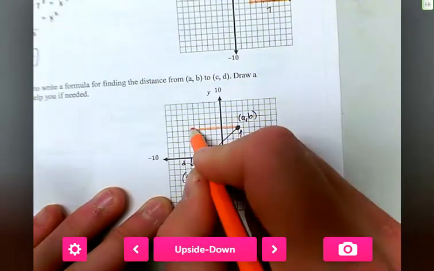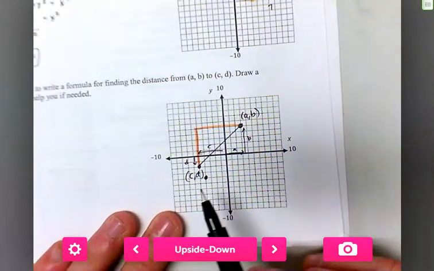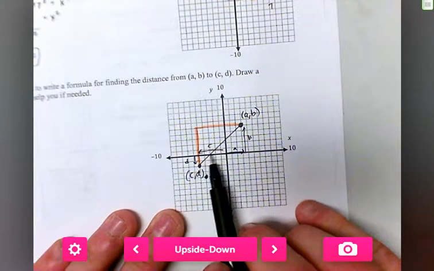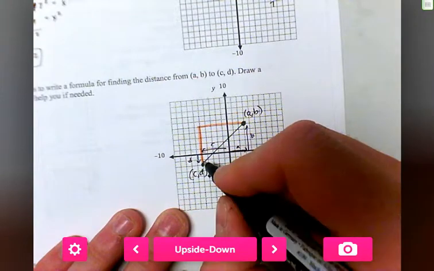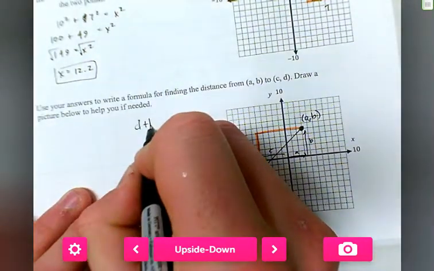And I want you to look here and see, so the height, right? See how this distance right here is D? And then this distance right here is B. So the height, this height right here should be D plus B.